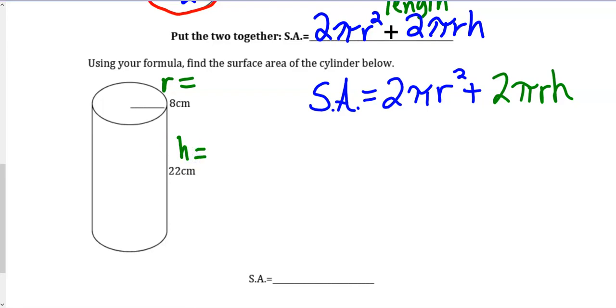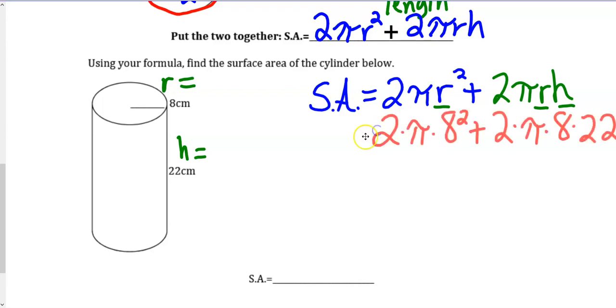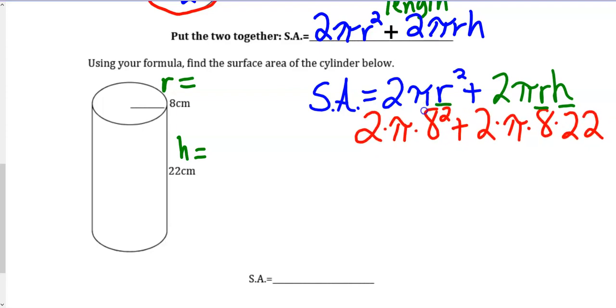So all we have to do is plug in those two values into our expression. So where there's an r, we're going to put an r, and where there's an h, we're going to put the height. So we can do that right there by substituting. As you can see, I put in the 8 for the radius, and then I put in the 22 for the height.